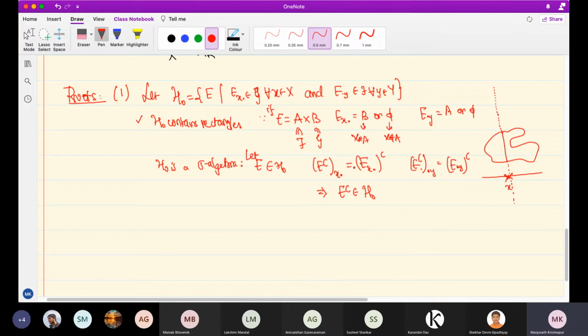Why? Because by assumption E_x· belongs to G, so its complement belongs to G, and E·_y belongs to F, so its complement belongs to F. So that's all.